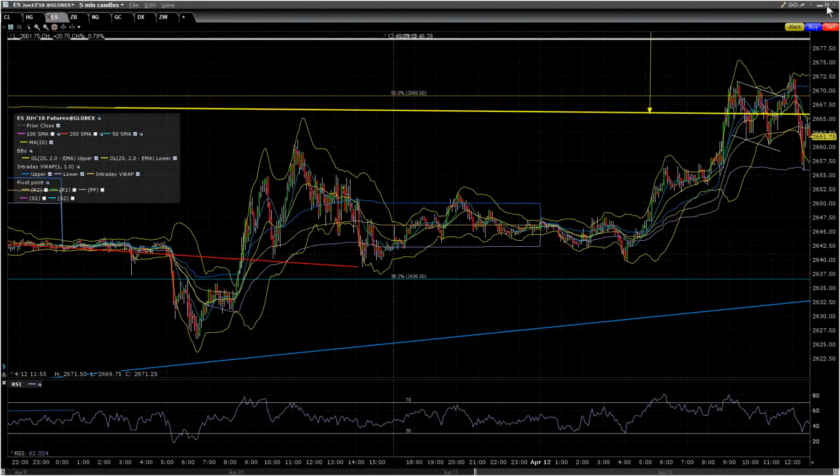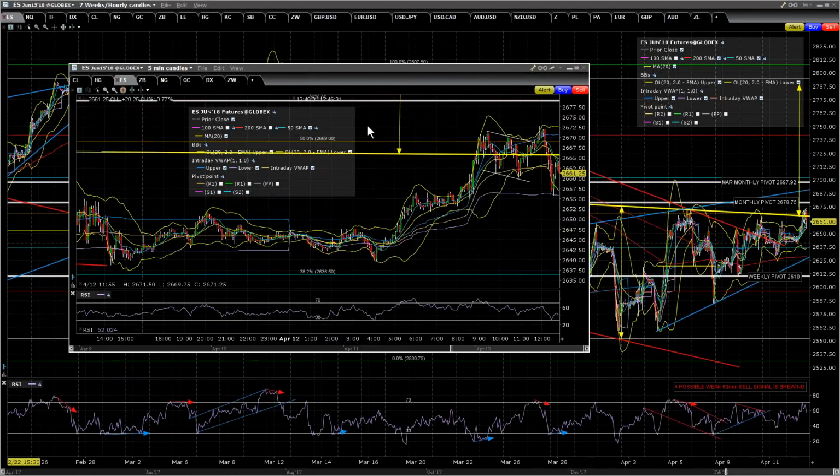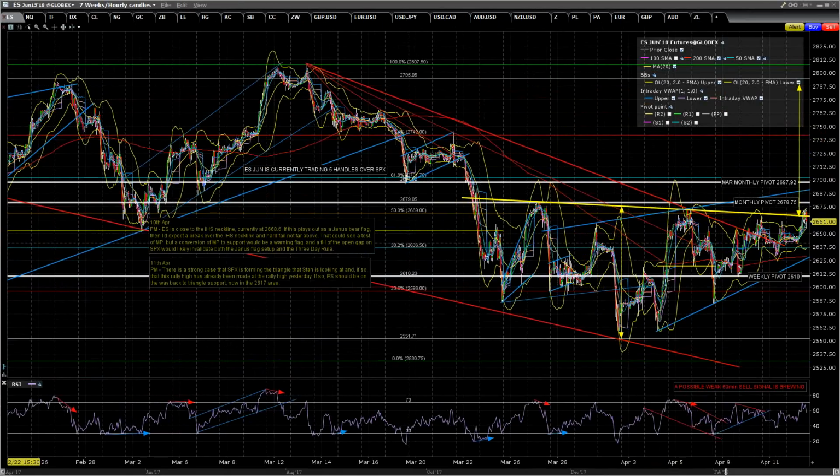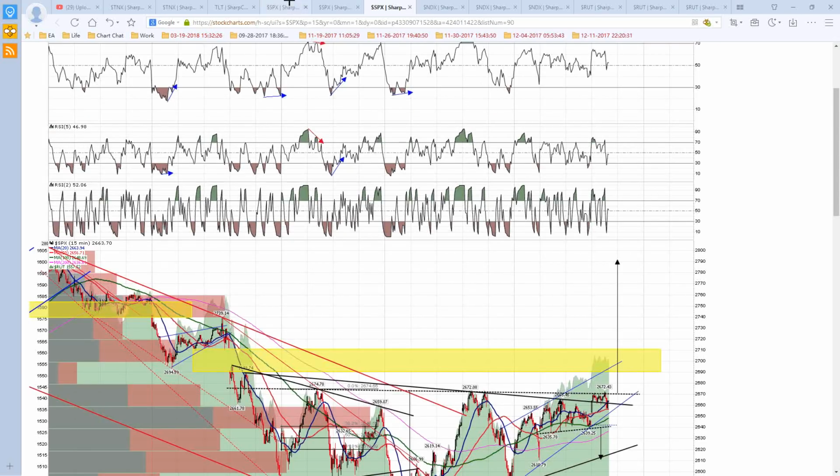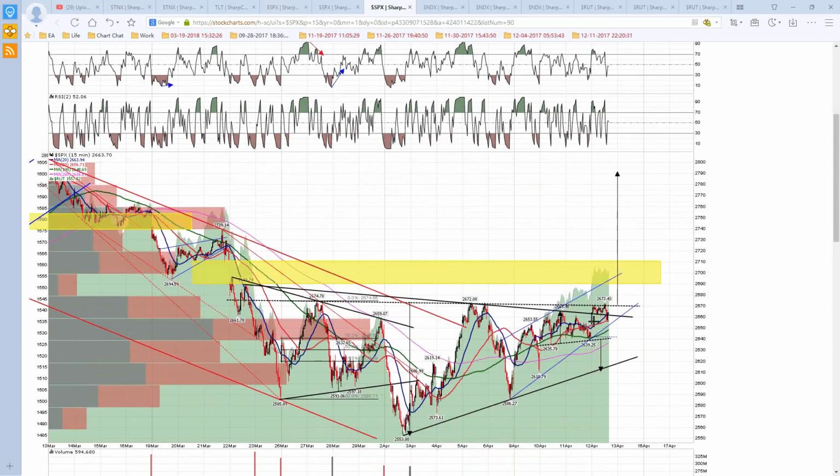Now that area is important. Why is it important? Hang on, I'll switch over to the RTH chart for this. On the RTH chart, this was the triangle resistance, and obviously we broke that. So the triangle's off the table, I think, and we're back to the original Janus flag setup that I was looking at. On that setup, obviously we've broken up slightly, and we don't need to break up any more than this.